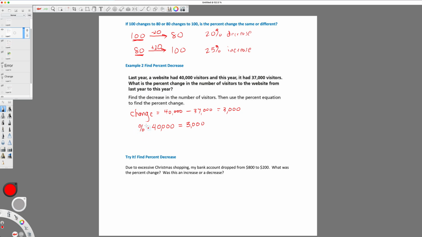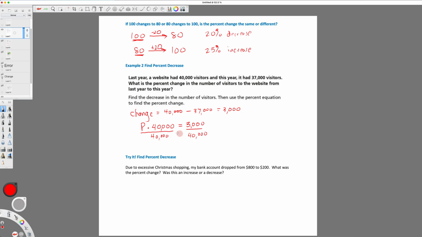So then we have a variable. It would be better to use that there, so I'm going to get rid of that percent symbol and replace it with the variable p. We already know the visitors went down, so this is going to be a percent decrease. Don't ever make that a complicated part of it.